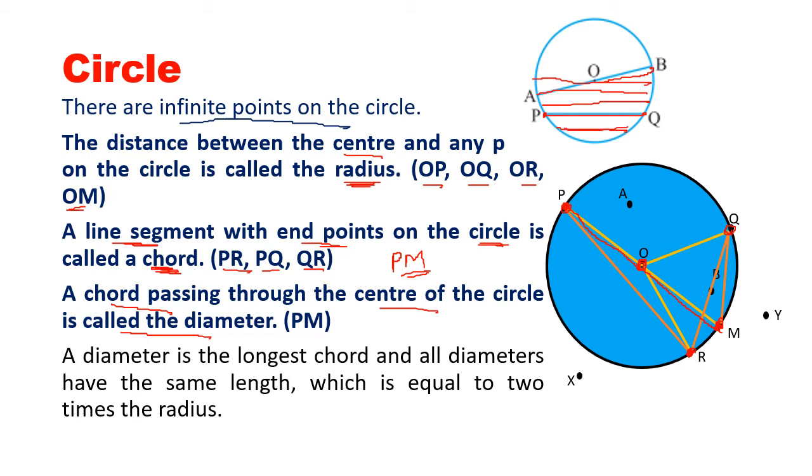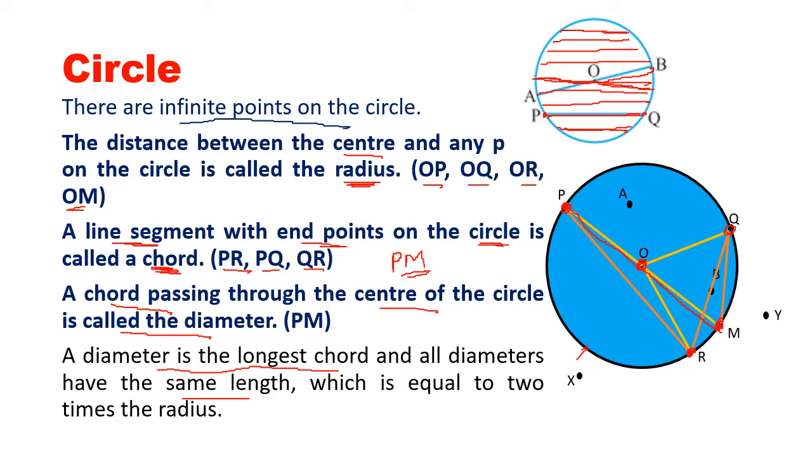The chords are small here, they become bigger here, it is becoming maximum here, and then again it becomes smaller, smaller and smaller. So the biggest chord is passing where? Through the center. So diameter you can say is the longest chord of the circle. And all the diameters have the same length.